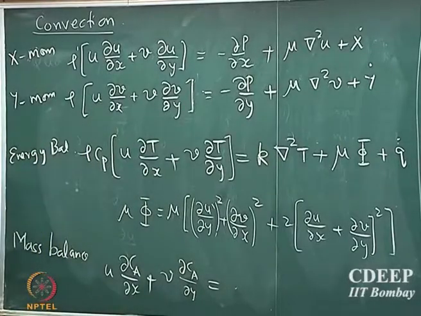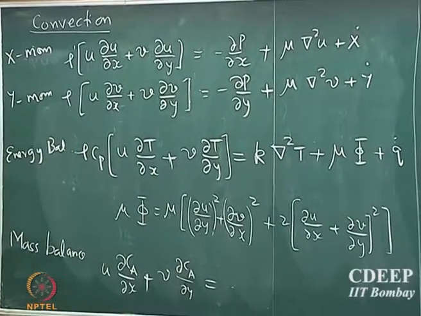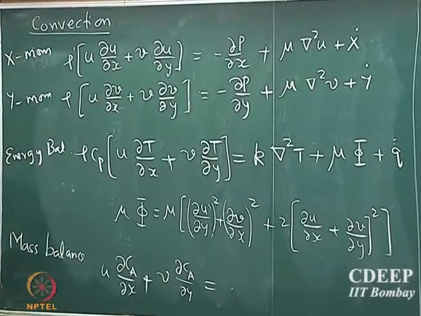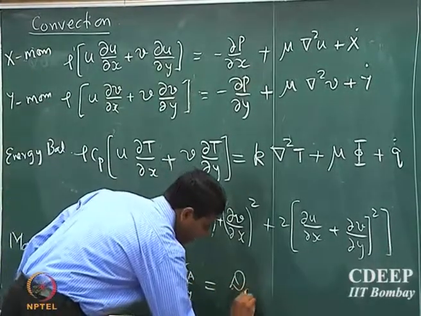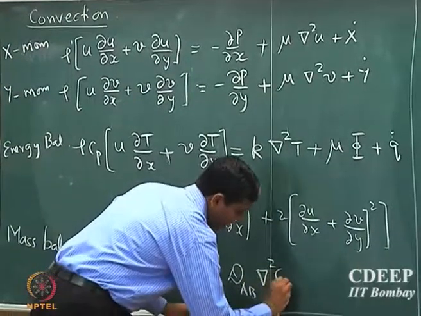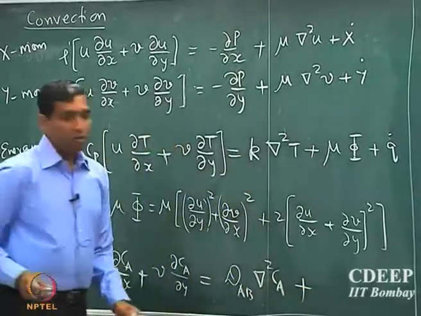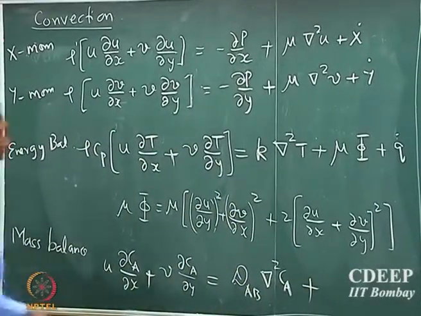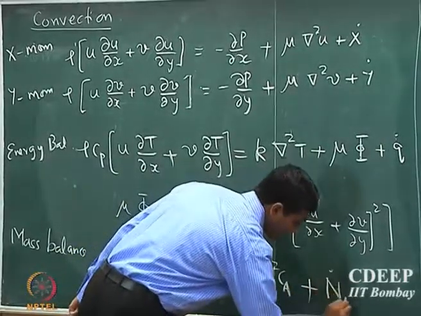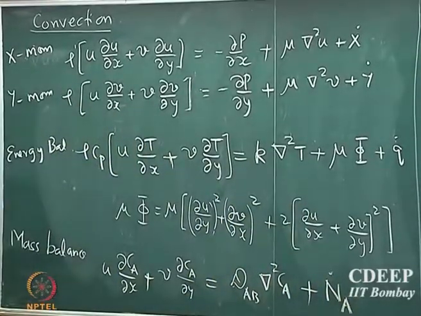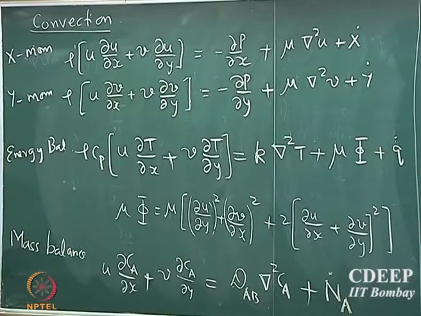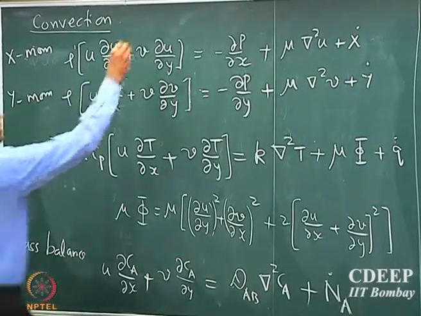So if A is the species and we are monitoring the concentration of the species, so that's the convective term, and that should be equal to the diffusivity multiplied by del square Ca. So that's the mass diffusion. There is no viscous dissipation, so all that we can have is a generation term. If I put N dot as the mass generation term, it could be by chemical reaction, etc. There could be many different ways, but let's say Na dot is the volumetric mass generation term. So these are the four balances, and of course you can write continuity equation.